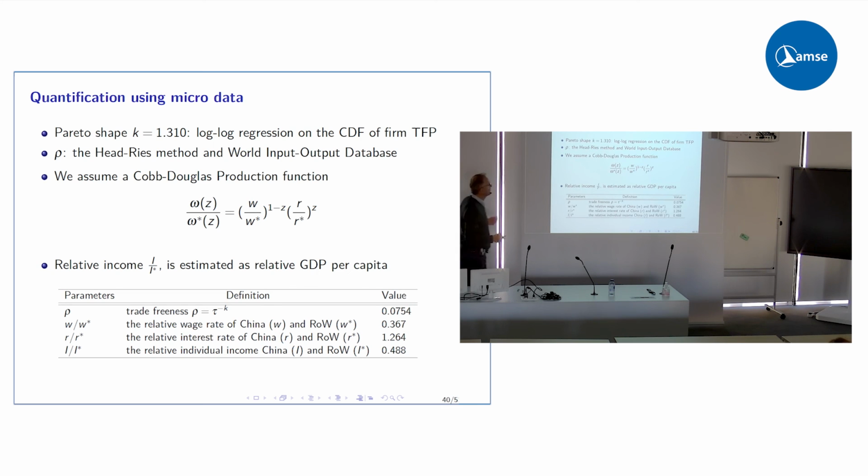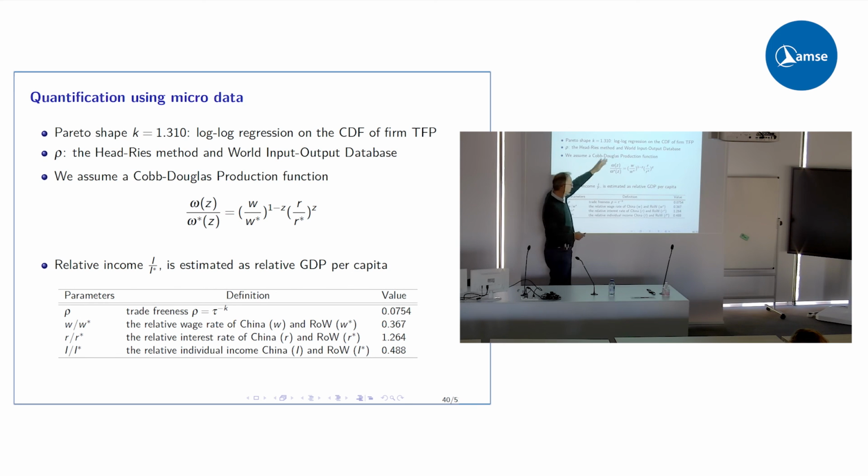So here is where we get the parameters: the shape parameter, log and log regressions on the cumulative density function of firm TFP, something standard. The rho, the index of freeness, again something standard. There is a method by Head and Ries to obtain the rho from trade flows and domestic absorption.